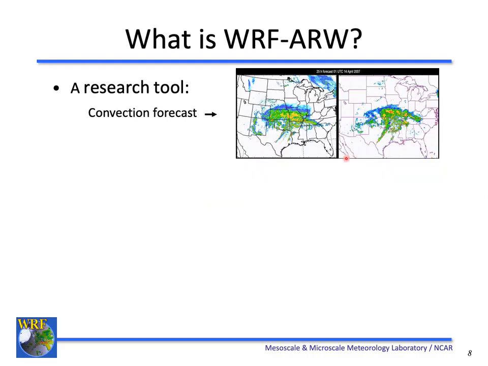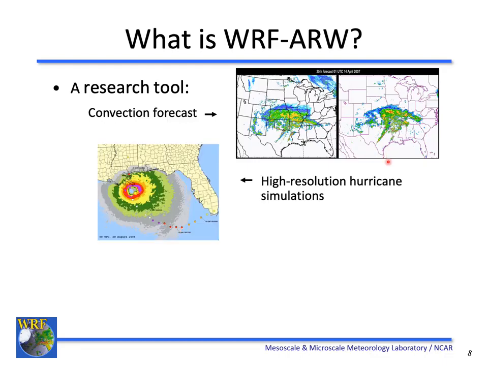The model is often used to simulate continental convection, as shown by this picture, which depicts the simulated radar reflectivity compared to the actual reflectivity composite, or a hurricane making landfall, as shown by this plot of simulated surface wind.